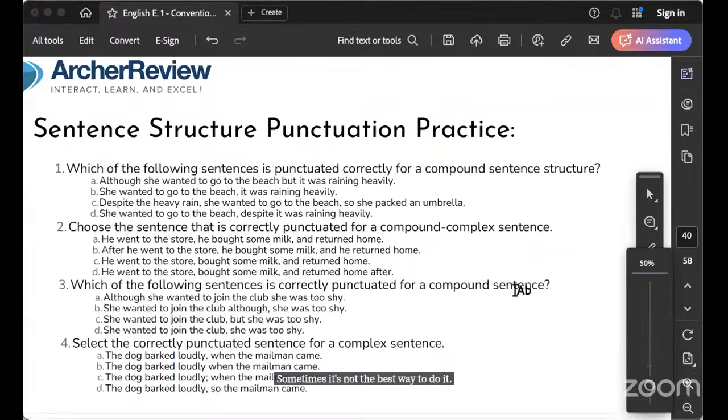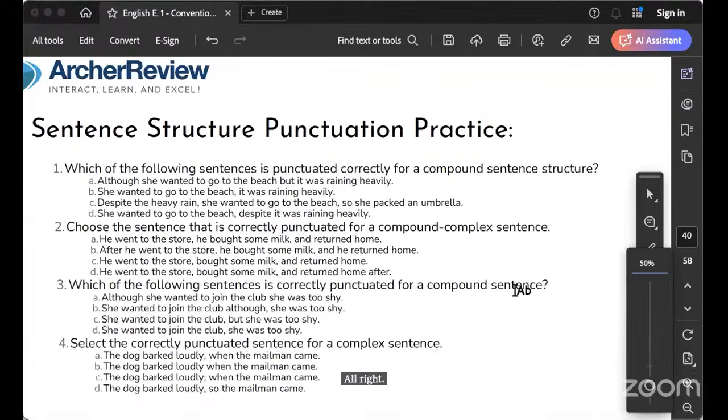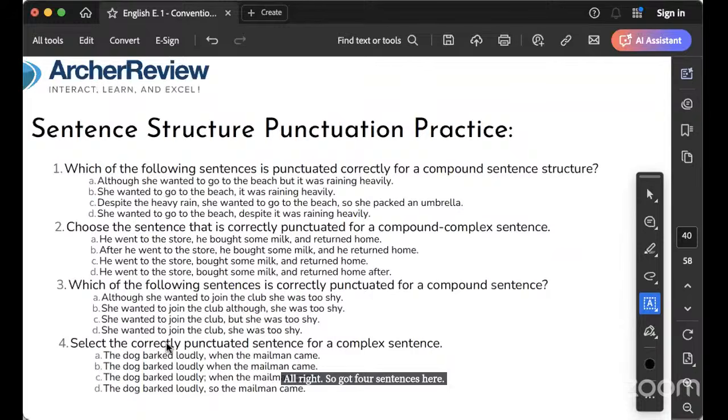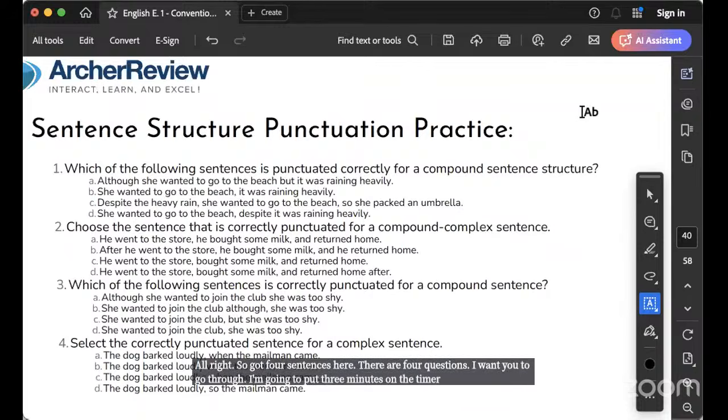All right. So, got 4 sentences here, or 4 questions. I want you to go through. I'm going to put 3 minutes on the timer, or two. No, I'll do 3 minutes on the timer because you got a lot to do here. So, 3 minutes on the timer, and then we'll come back and check them. Okay?